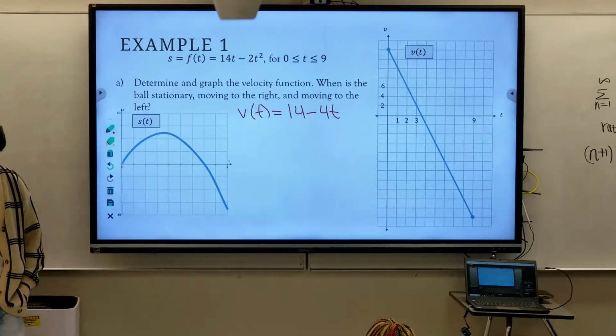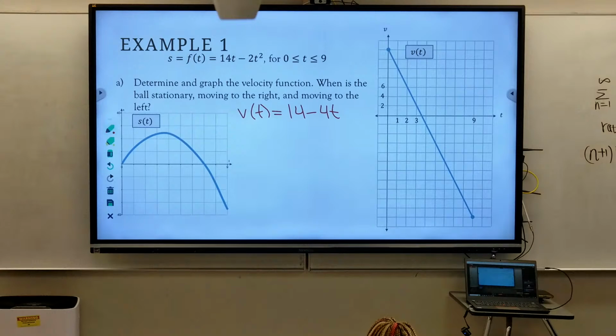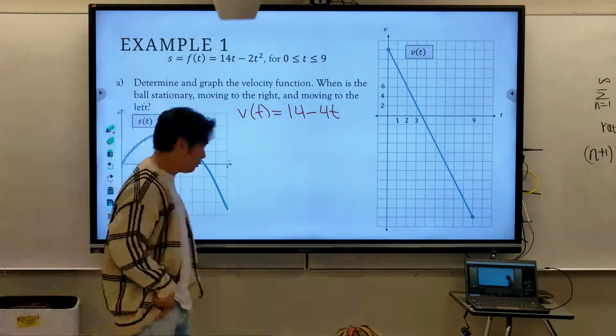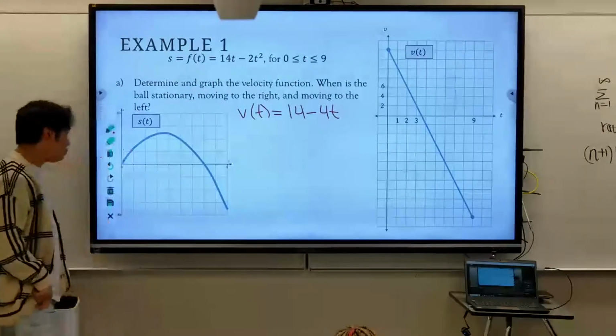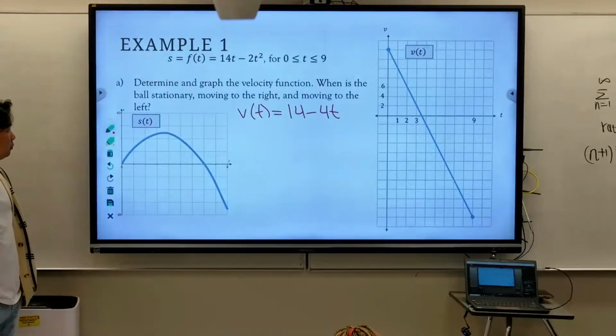So now the question I have here is I have my velocity function and I have my velocity graph. Using this information, I claim that we can determine how my soccer ball, the particle, is moving. And actually, we don't really need all of this information.